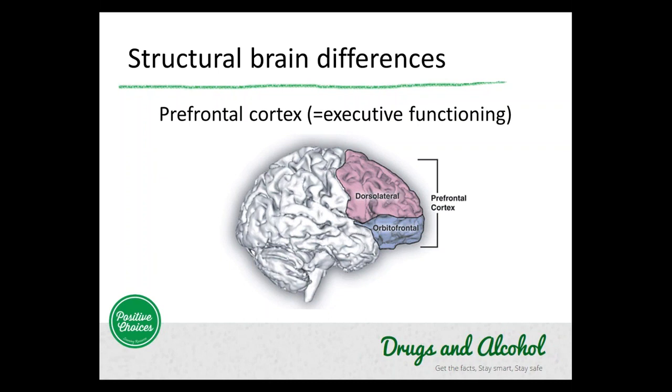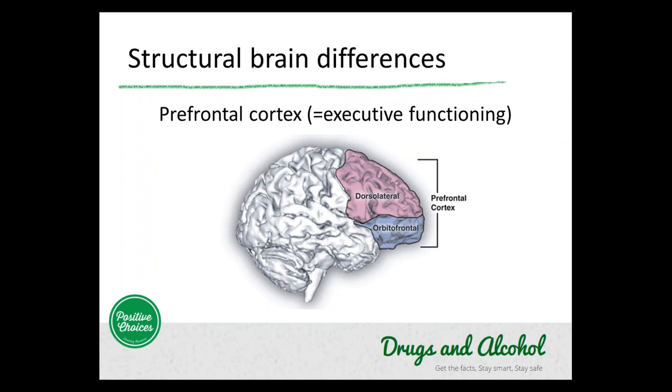So when looking at adolescent heavy drinkers and heavy cannabis users, we see differences in prefrontal cortex volume. So it's actually smaller amongst those who are heavy users of alcohol and cannabis. And this is actually particularly amongst females. This area does tend to develop earlier amongst females when compared with males, so that may be why we're seeing some differences in terms of sex.